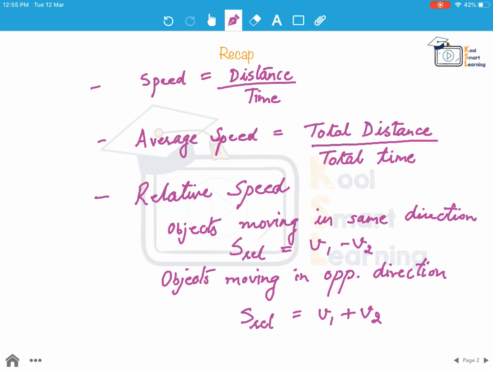Right, so this is what we covered in the first session on time, speed and distance.